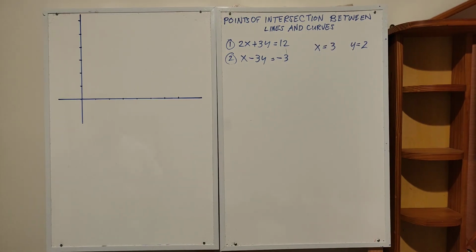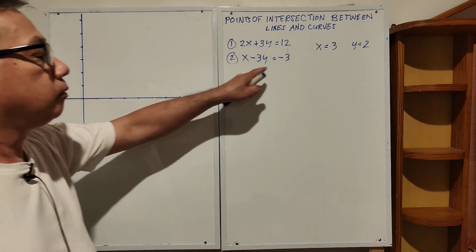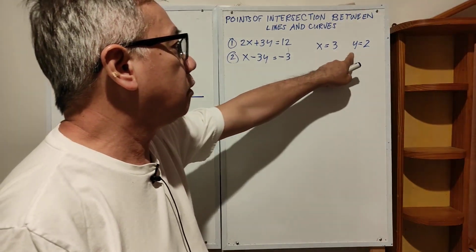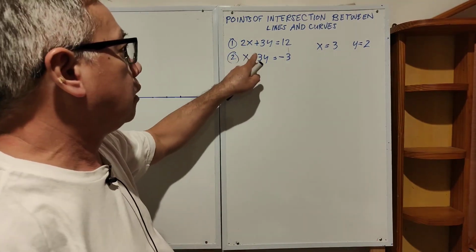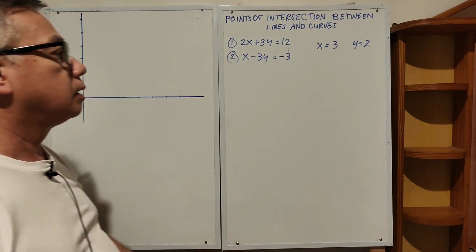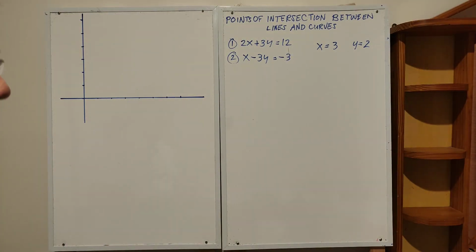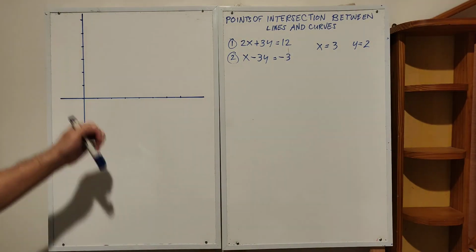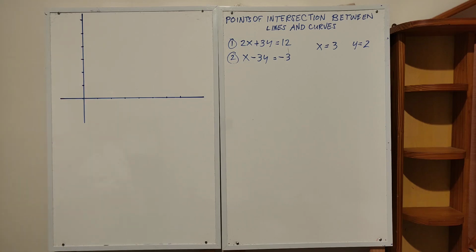From what we have discussed earlier, we were able to find that x is equal to 3 and y is equal to 2 for both these equations. And now we can try to plot it in the graph.